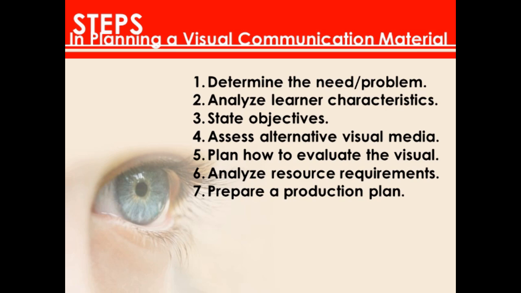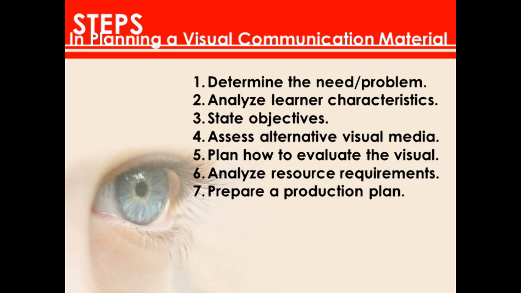The third step involves setting the objectives of our visual presentation. Then we assess alternative media that can help attain our objectives. After that, we are now ready to plan how to evaluate our visual materials and analyze resource requirements against availability. This step determines which resources are needed to design and produce the visual medium.